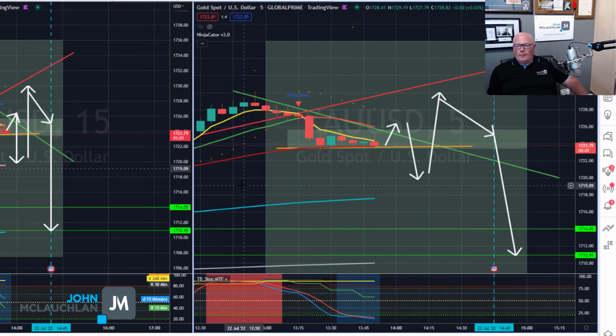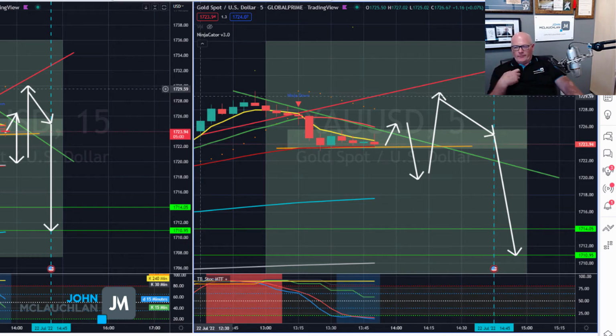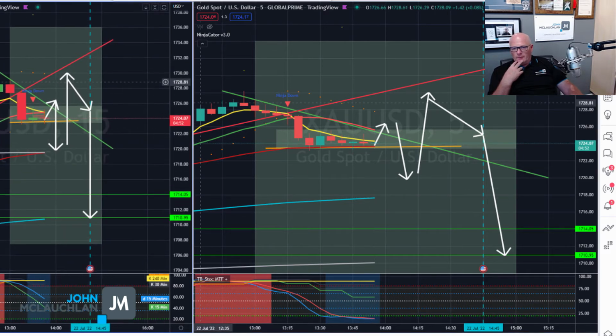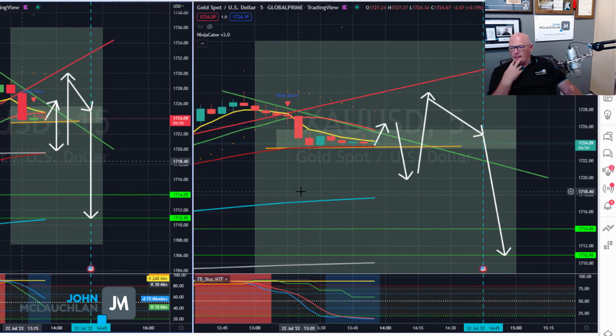Just one thing I want to mention is when you see price move in a direction and you don't know why it moved in a direction, go and find out why. Okay, if there were no moving averages here, I'll get an example later.